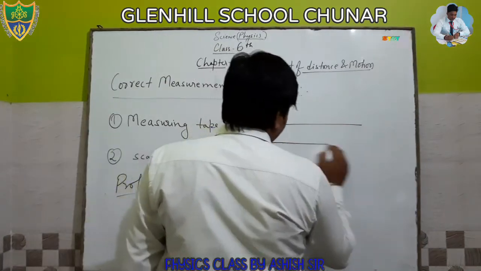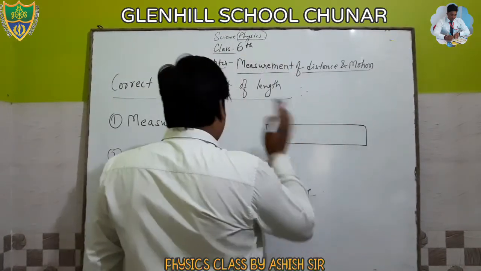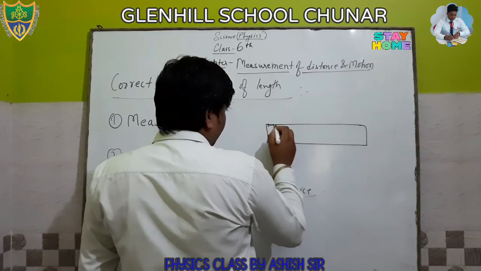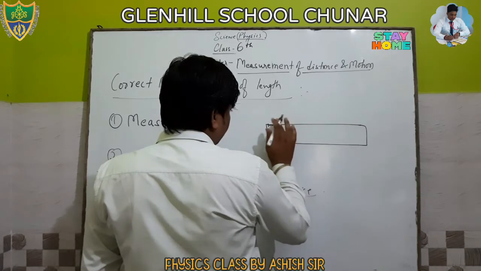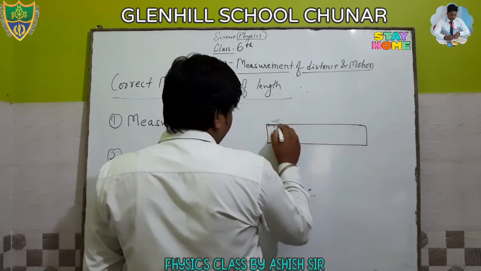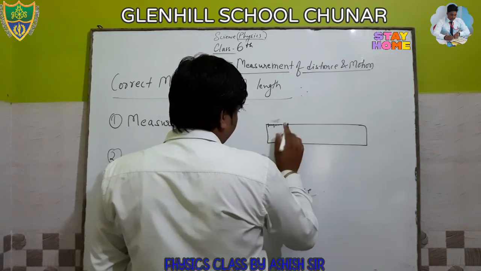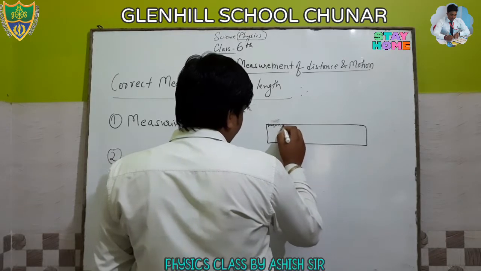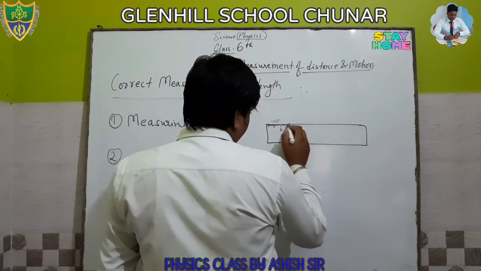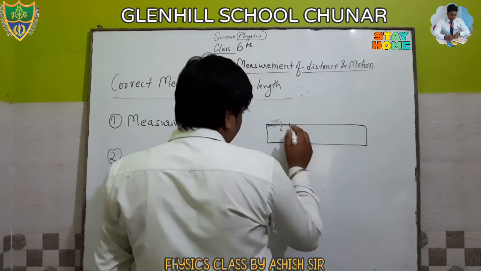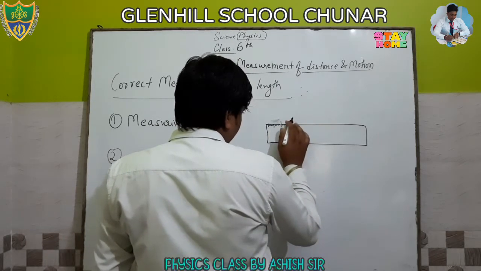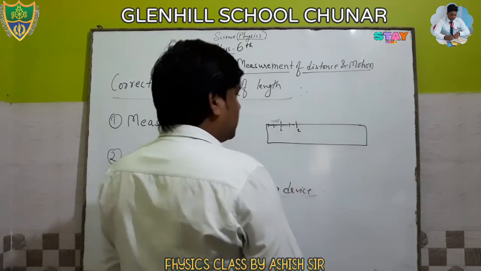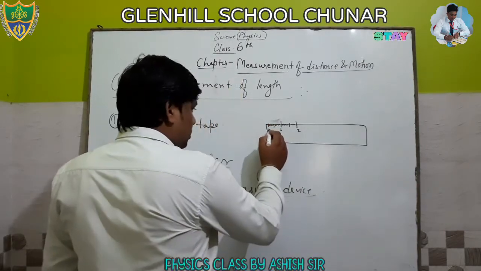Suppose this is a scale, then always the start is from 0, then small divisions, and then here 1, then again small divisions, then 2, like this. So this portion is 0.